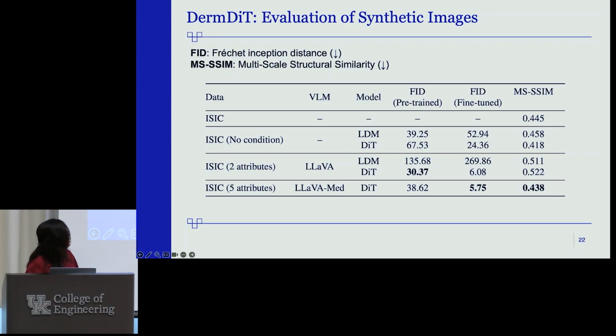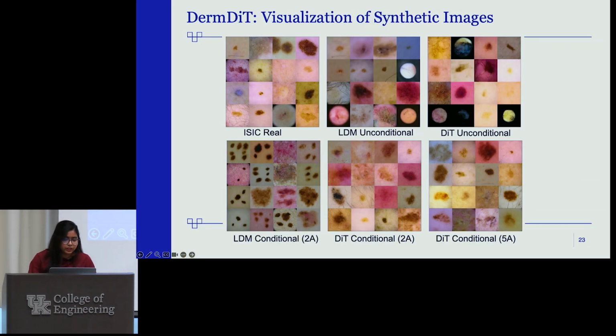So these are my 5 models: UNet-based latent diffusion model and transformer-based diffusion transformer model DiT. Here I show some visual images from the samples generated by DermDiT and the real ISIC.